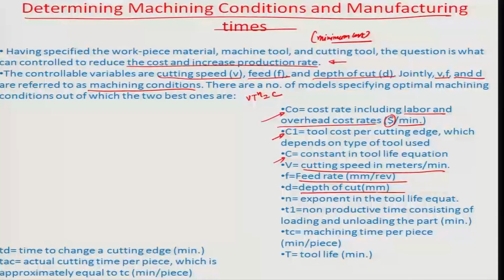n happens to be the exponent in the tool life equation, and T1 is the non productive time consisting of the loading and unloading time for the part in the machine, in minutes, and Tc is the machining time per piece in minutes per piece.